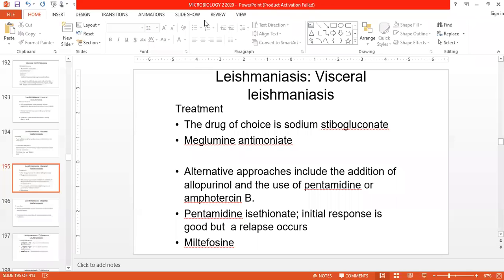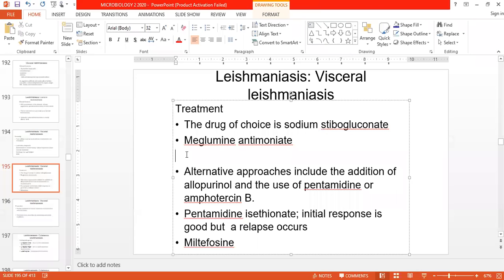Okay, these drugs you've mentioned. Then the prevention you do with the sandfly, the vector, right?